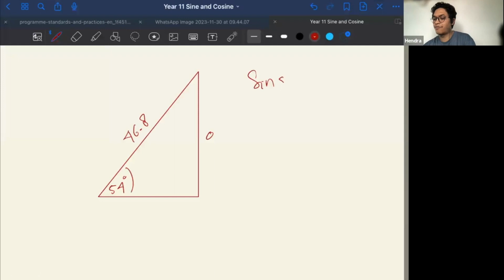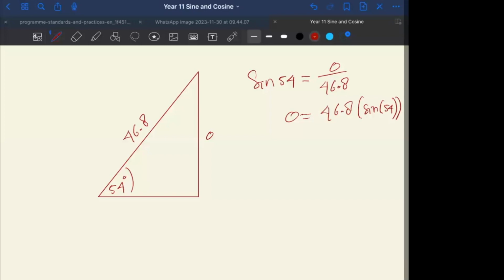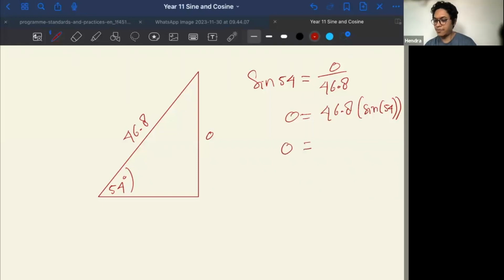Sine 54 is O over 46.8, so O equals 46.8 times sine 54. That is 37.86, so DC is 37.9.